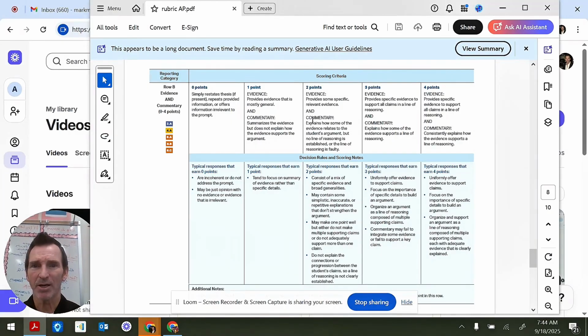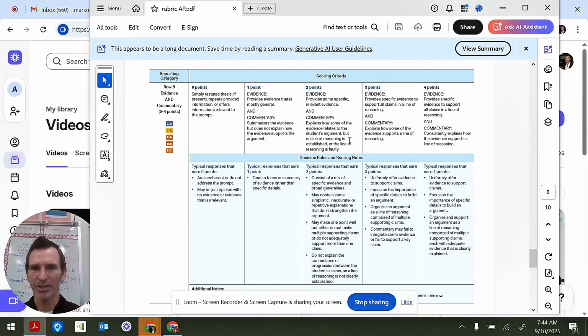2 points. 2 points is not bad. It's not horrible. It's providing some specific relevant evidence. So maybe you have 1 good example of artifice. Maybe you talked about President Trump, but then the rest of your evidence was sort of generic or vague. And there's a spot here for commentary.